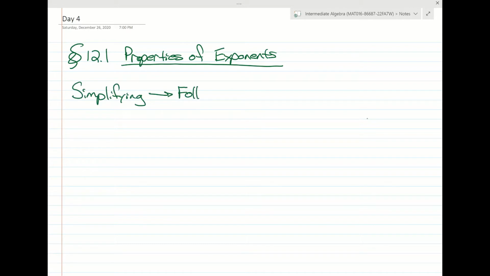We follow PEMDAS. It might have been a few years since you saw that acronym before, but what this stands for is we work on parentheses first. Then we do our exponents.